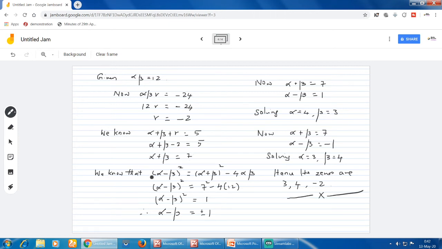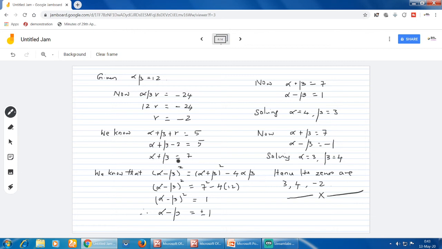So now let us find alpha minus beta, so that you can solve alpha plus beta and alpha minus beta to get alpha and beta as the solution. We know this formula already: alpha minus beta whole square is given by alpha plus beta whole square minus 4 alpha beta. You have to remember this formula.